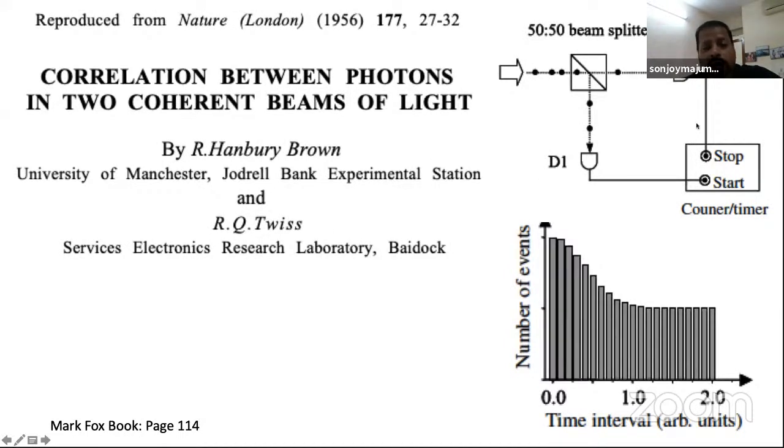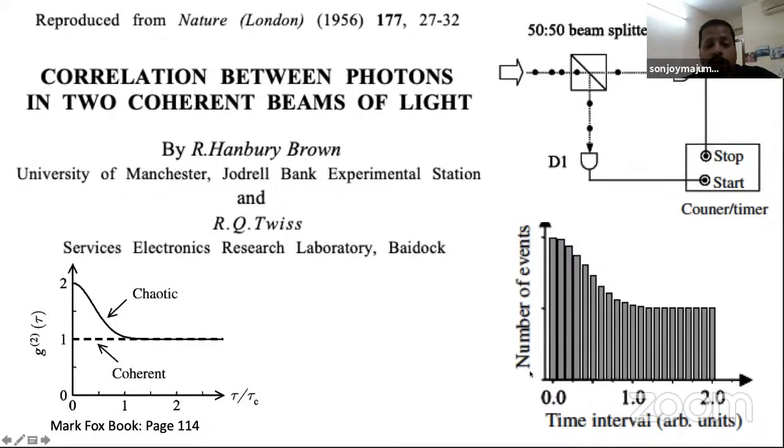And what is seen is that by choosing the proper delay between a start and a stop, you can frame your time window, and over that particular time window you can see what the number distribution will be. So you do the experiment and see exactly the kind of things you see in the theoretical way, the g2 functions.